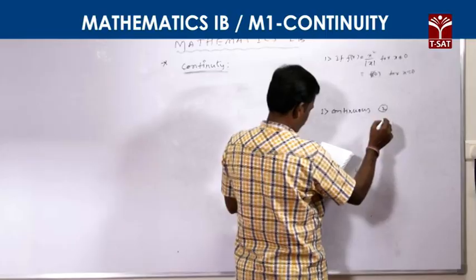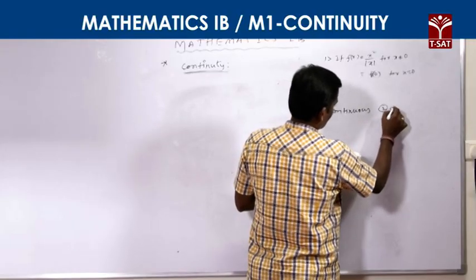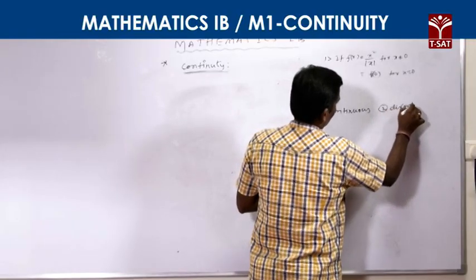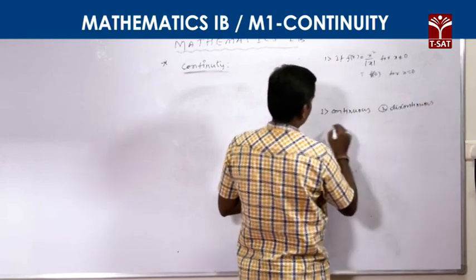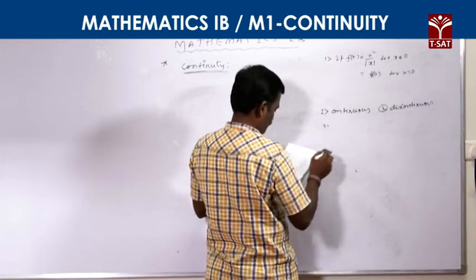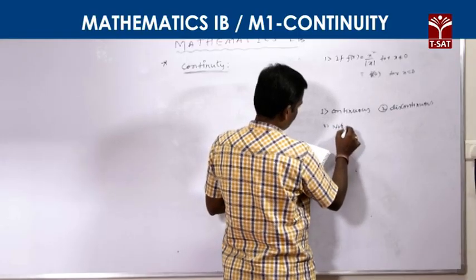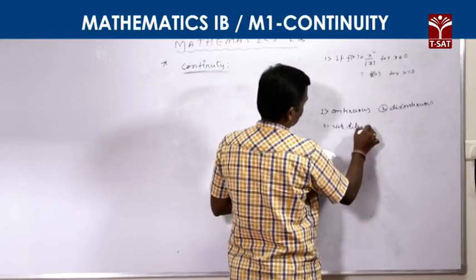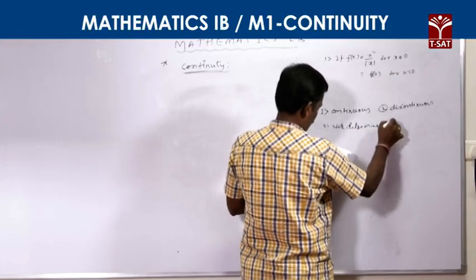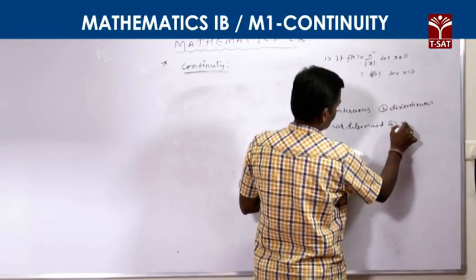Second option: discontinuous. Third option: not determined. Fourth option: none.